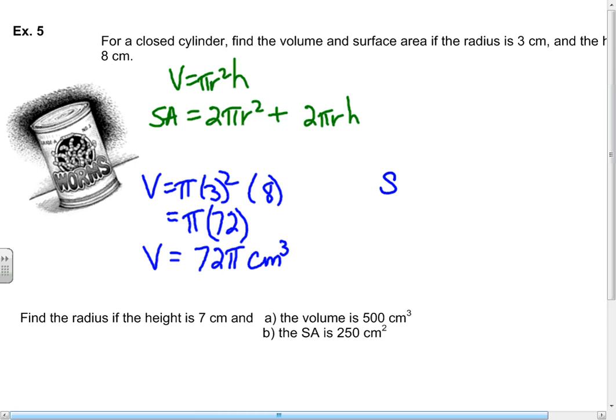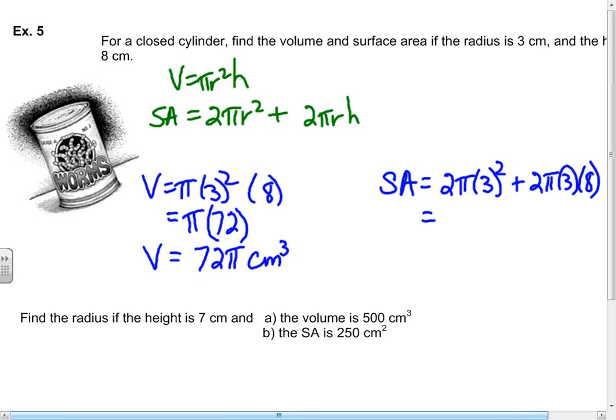The surface area is a little more involved, but we have a 3 and we have an 8. It would be 2 pi times 3 squared plus 2 pi times 3 times 8.